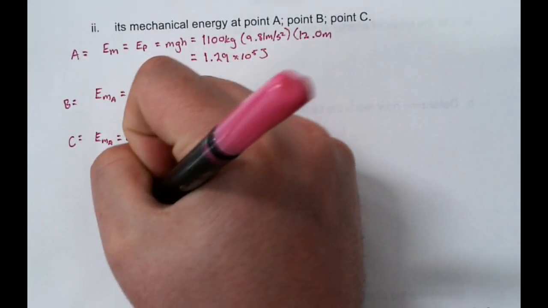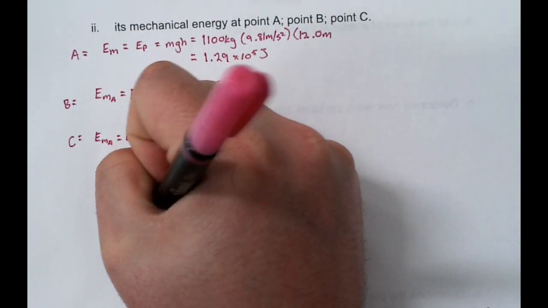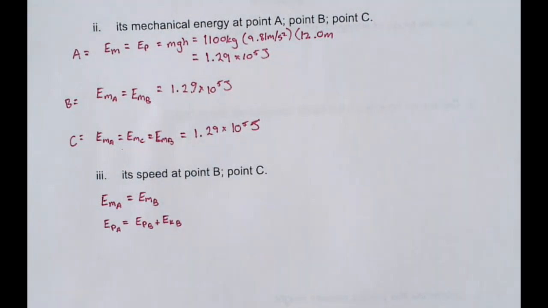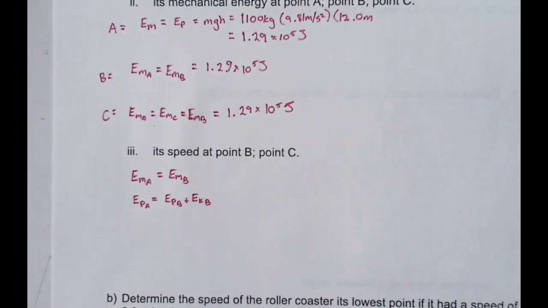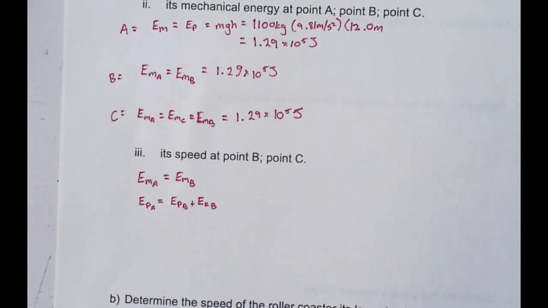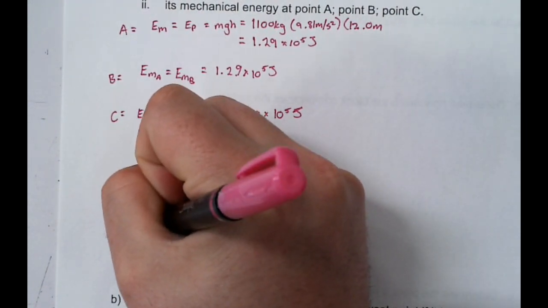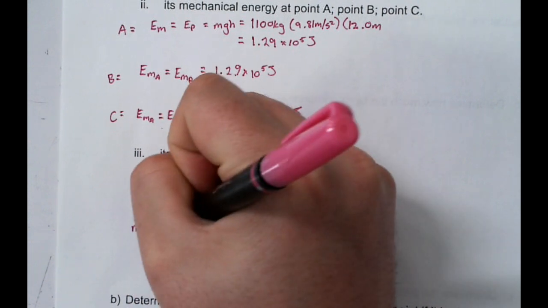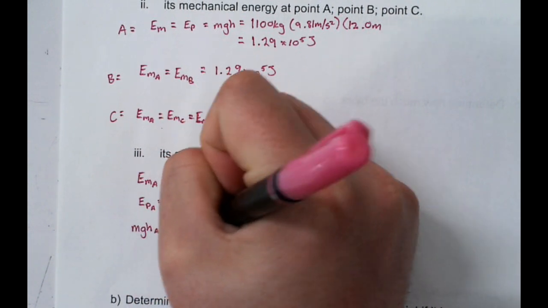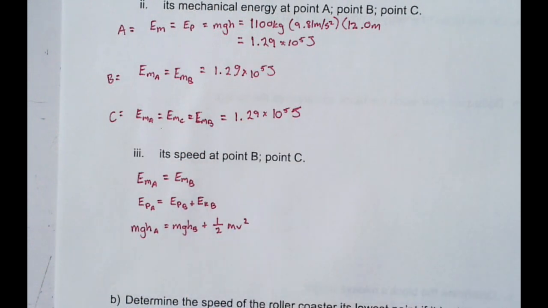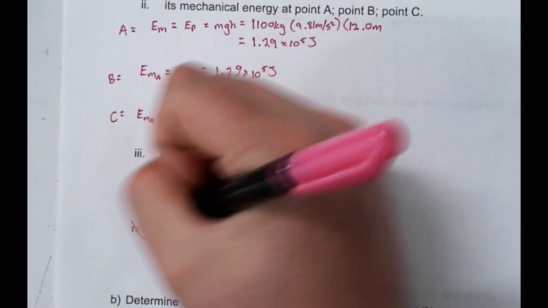It is equal to the potential energy at point B plus the kinetic energy at point B. We can now plug in our formulas and see if we can rearrange and solve for velocity. So we have mgh of A is equal to mgh of B plus 1/2 mv squared. We have mass in all three terms, so we can cancel out mass.